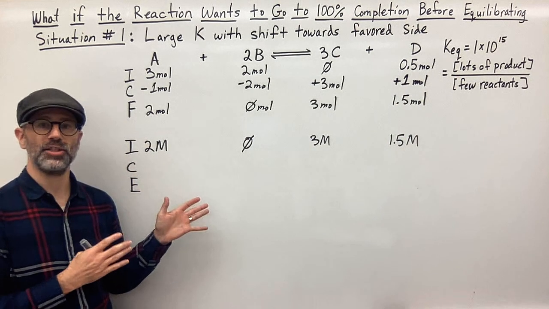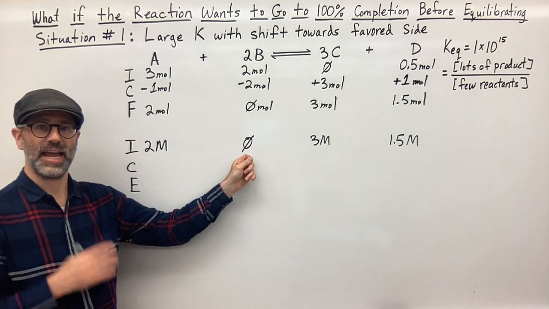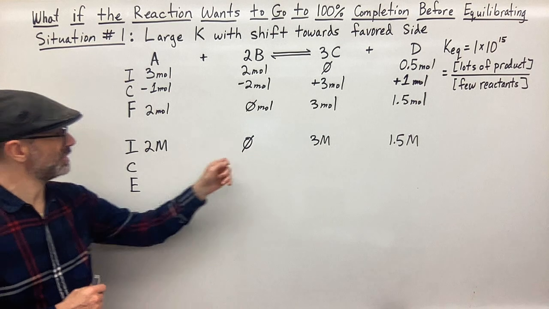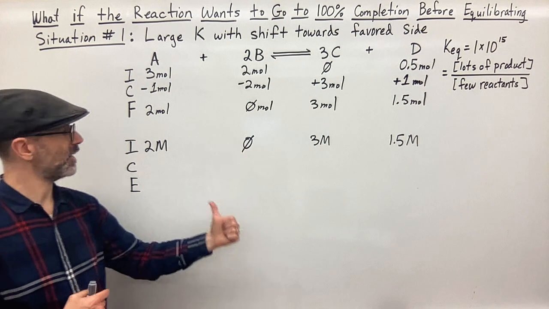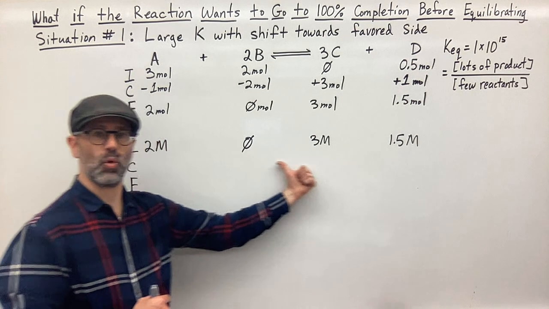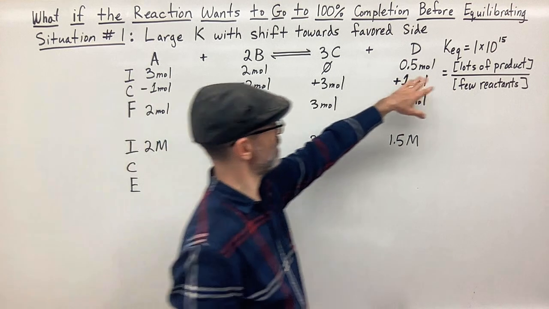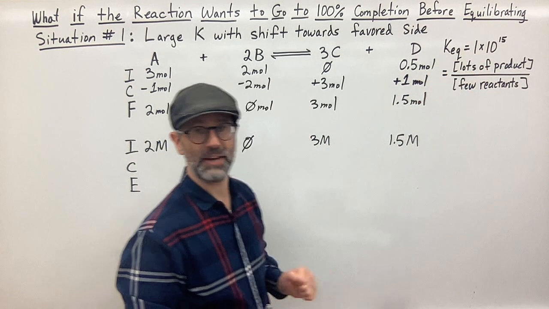Now look at the situation I have. Now I have 0 for one of my reactants. So since I have 0 for one of my reactants in concentration, I know that it's got to go this way. It's going to shift towards the reactants. And I know that because this is a large K value, it doesn't favor the reactants.